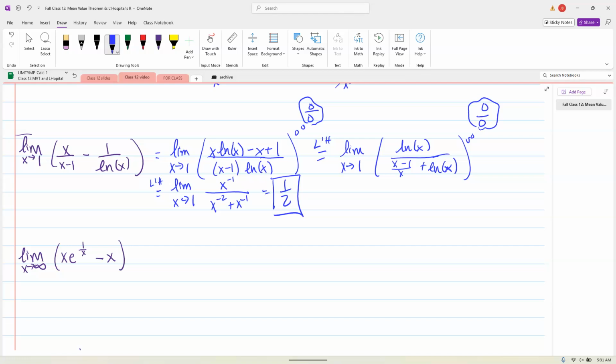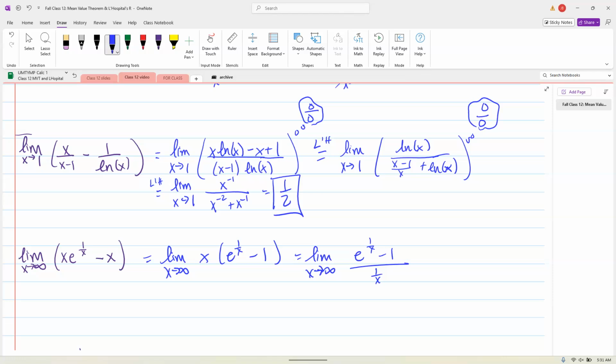Next one, this is a little weird, and that's okay, we can work with weird. Limit as x goes to infinity, I'm going to factor out an x, and then I'd have e to the 1 over x minus 1. This is just like the sine thing. I can write this instead as the limit as x approaches infinity of e to the 1 over x minus 1, all over 1 over x.